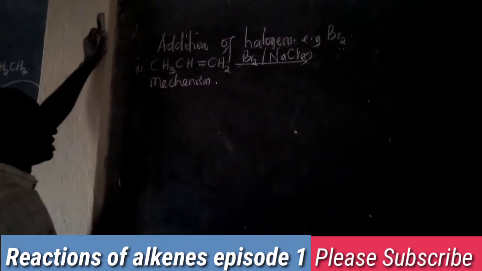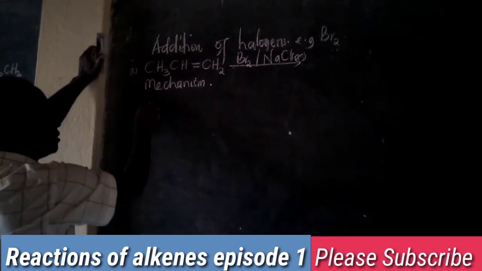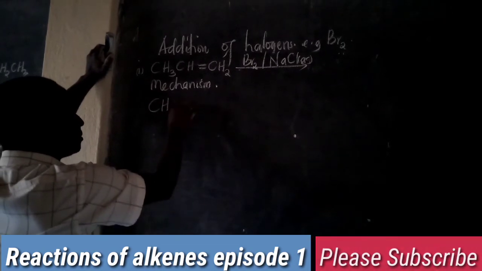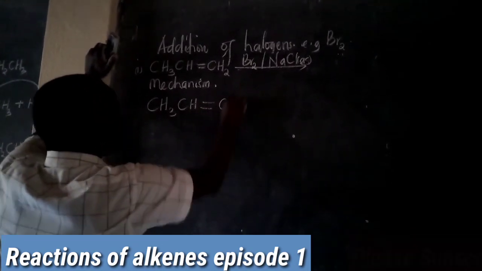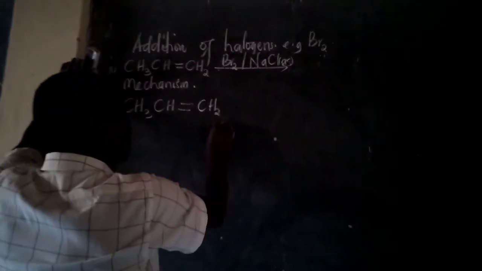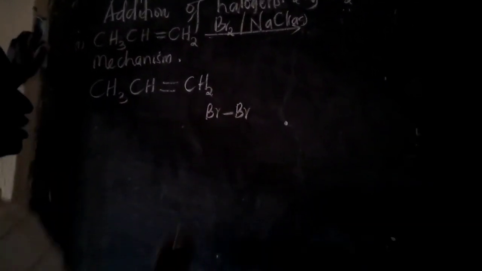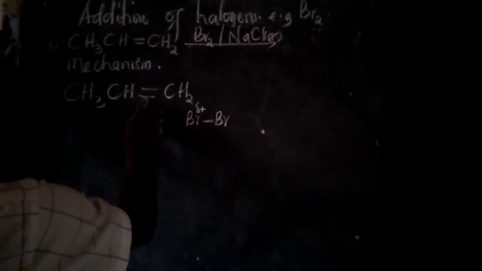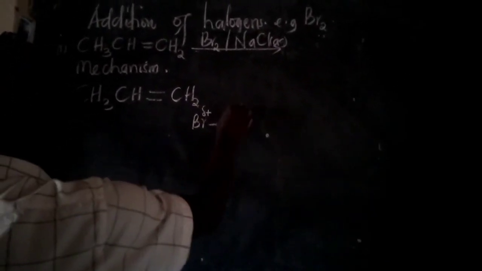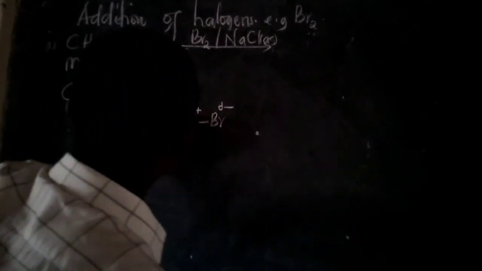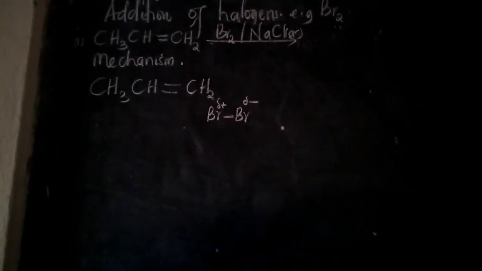So we come and bring here. What takes place initially? The normal way. We come and bring our alkene, which is this. It will interact, first of all, with the bromine molecule. But this bromine molecule, from what we have seen, as it approaches the functional group of the double bond, it initiates the positioning of the partial positive side and the partial negative side.